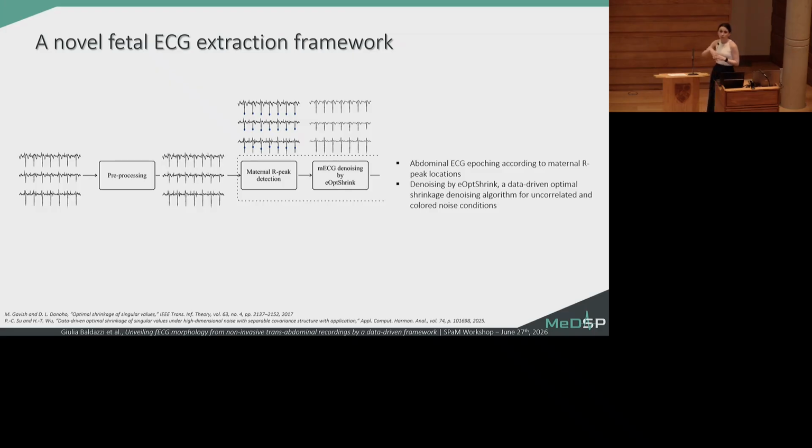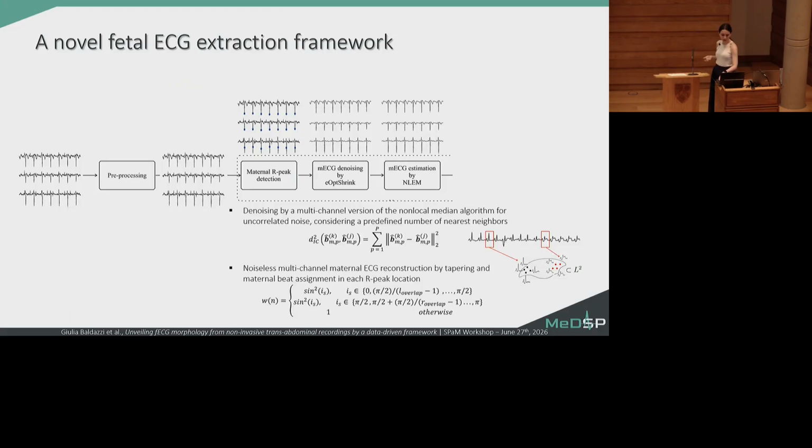In the first stage, by a data-driven optimal shrinkage approach that is conceived in this case to deal with correlated noise, as the fetal ECG actually is for the maternal ECG, and then followed by the non-local median algorithm for the denoising of the uncorrelated residual noise.